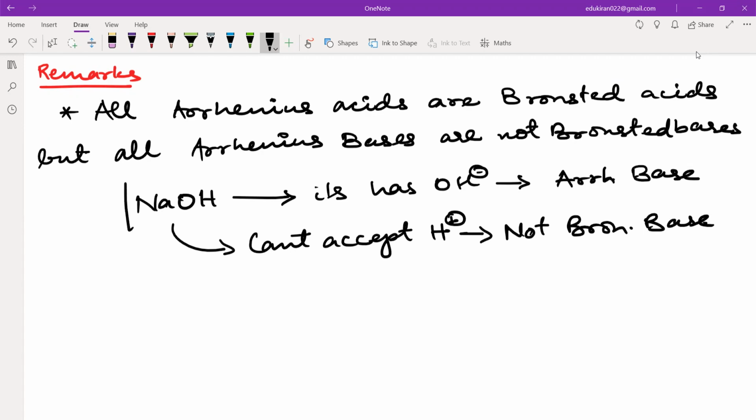Okay, that means there are few molecules which are Arrhenius bases but not Bronsted bases. All the Arrhenius acids are Bronsted acids because the definition is the same. Arrhenius said liberation of H plus, Bronsted also said liberation of H plus for acid. But the definition changed if I look at the bases of Arrhenius and the bases of Bronsted-Lowry.